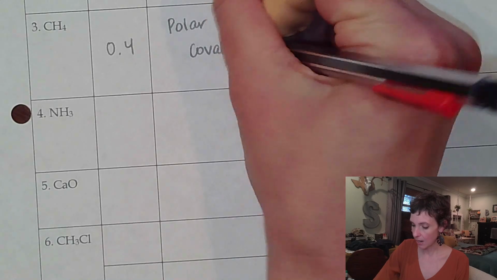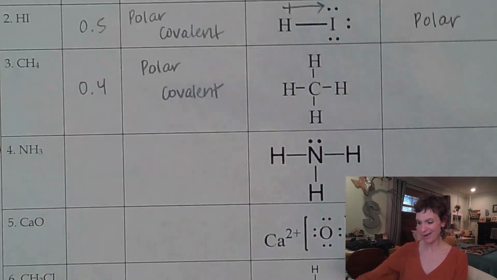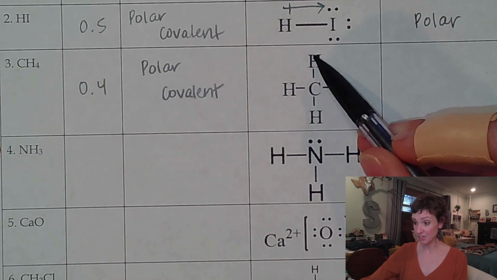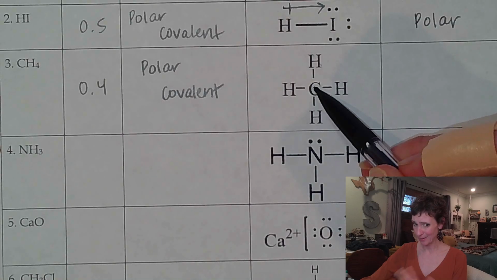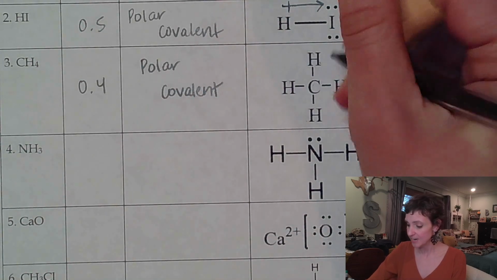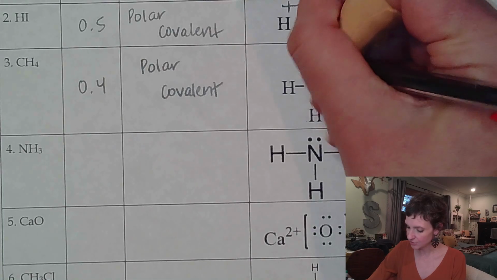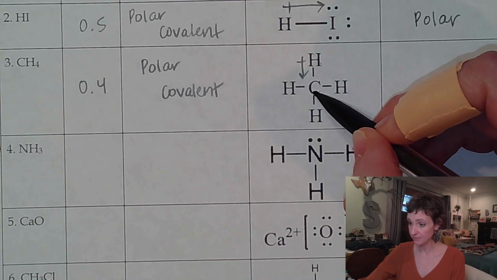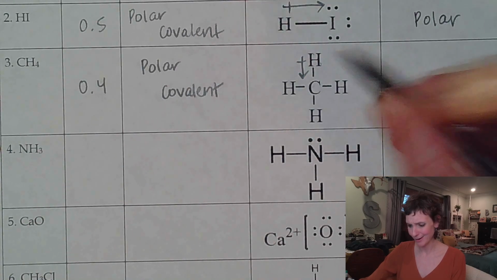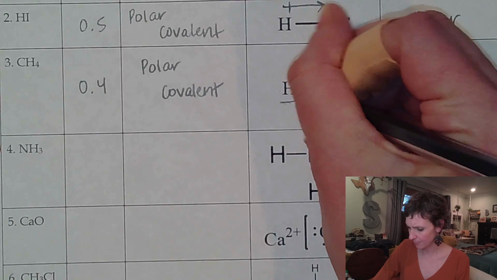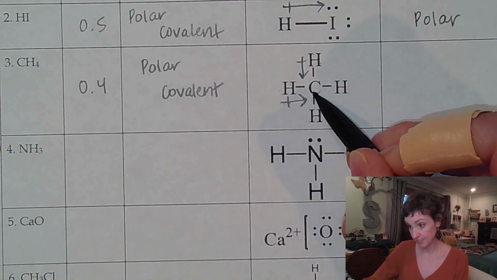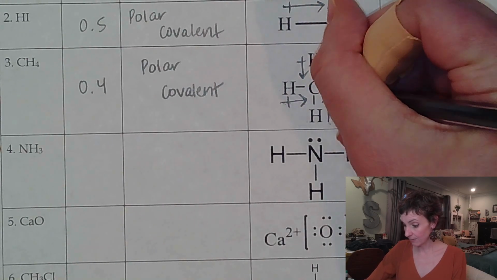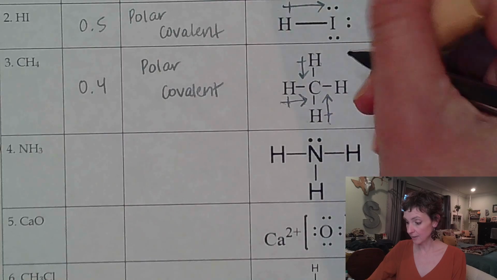So each one of those individual bonds is polar. But now, how does that relate to the molecule? Well, out of the 2, hydrogen and carbon, we said carbon in the pair was more electronegative. So on this bond, I can draw a dipole going towards the carbon from the hydrogen. Then on this bond, I can draw another dipole going from hydrogen to the carbon. And on this one, I can draw this dipole going from the hydrogen to the carbon.